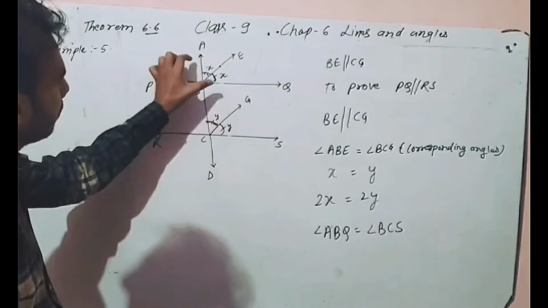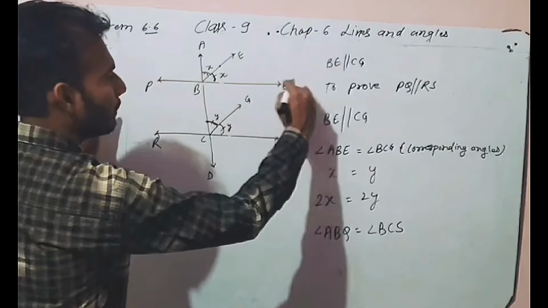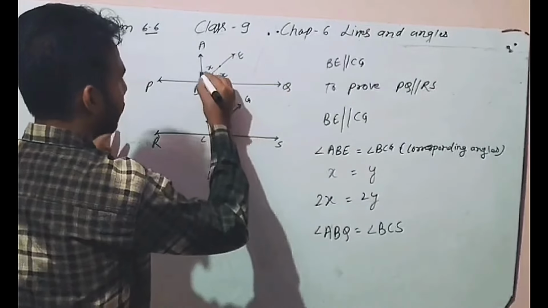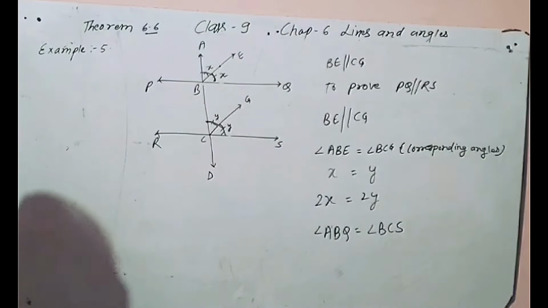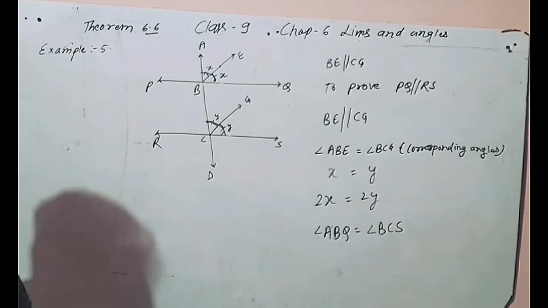ABQ is the full angle on line PQ, and this is on line RS. So this full angle is equal to this full angle. It looks like corresponding angles for lines PQ and RS where the transversal is AD. So what can I write?